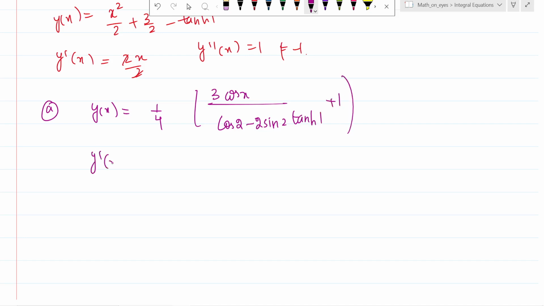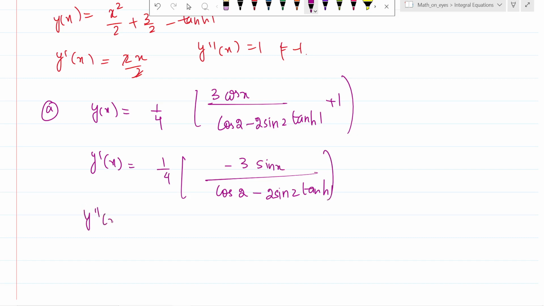So when you find y dash of x, this will be 1 by 4 as it is, and this denominator as it is, and this constant part will vanish, and this will give you minus 3 sin x.